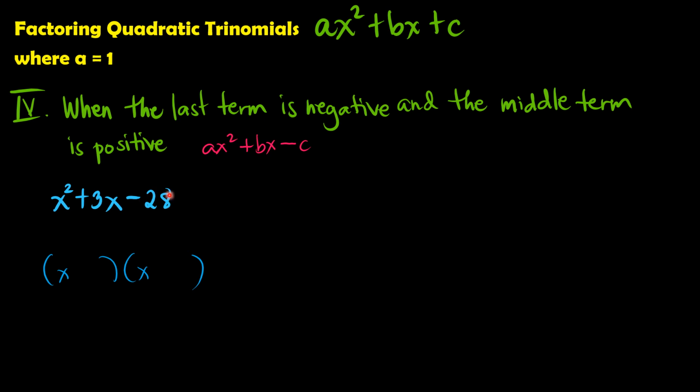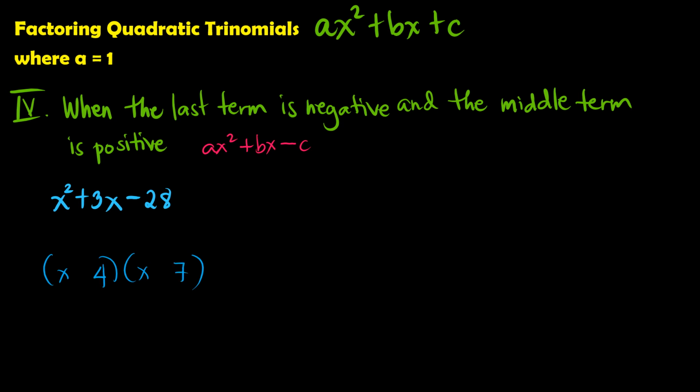So, anong pwedeng factor ni 28? 7 and 4. Because 7 times 4 is 28. And 7 minus 4 will give us 3. Diba? So, let's use 7 and 4. O pwedeng 4 and 7.